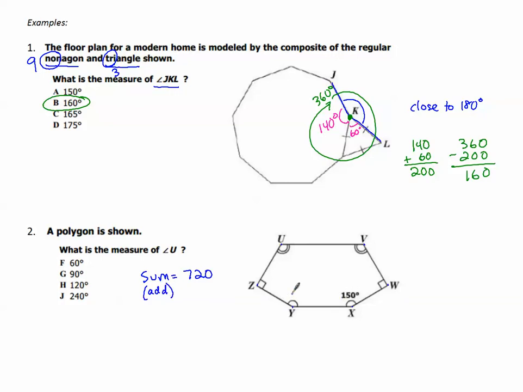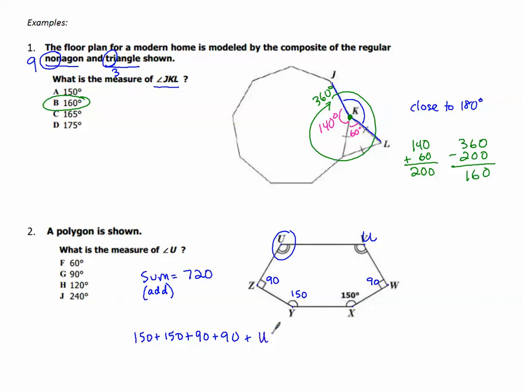These are congruent marks, which means this is also 150. These are right angles, which means these are 90, and this is the angle I want to know, which is the same as this angle. So call this angle U. This is also like angle U. So I'm going to say 150 plus 150 plus 90 plus 90. These are all the angles I know. Then the two angles that I don't know, so I could call them X if I like, but that might be confusing from this angle.